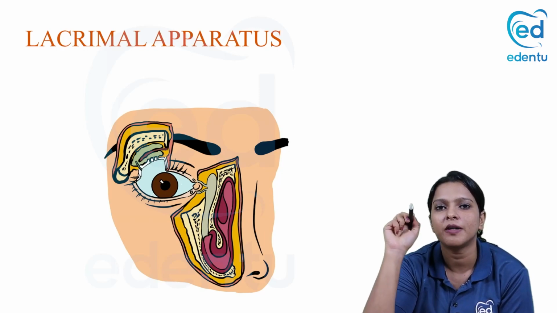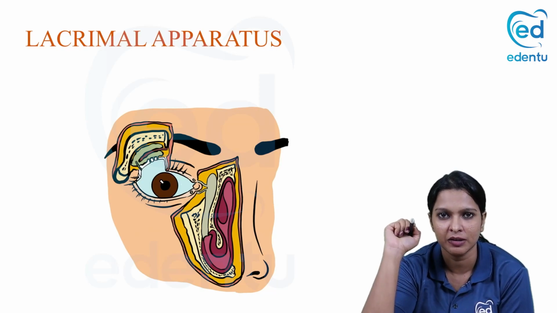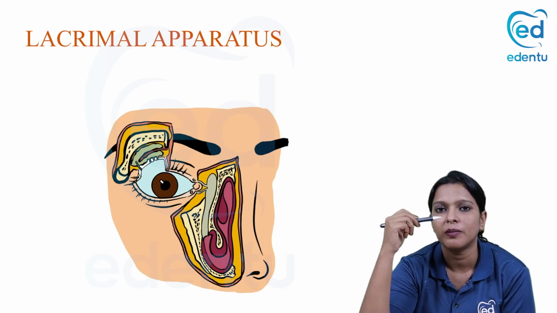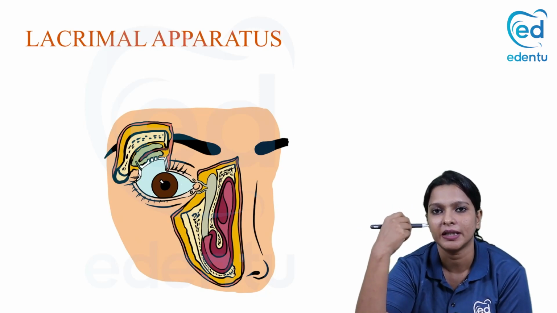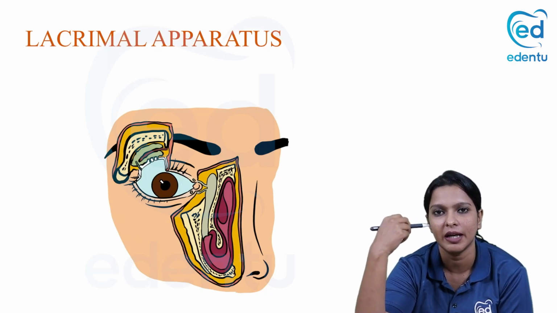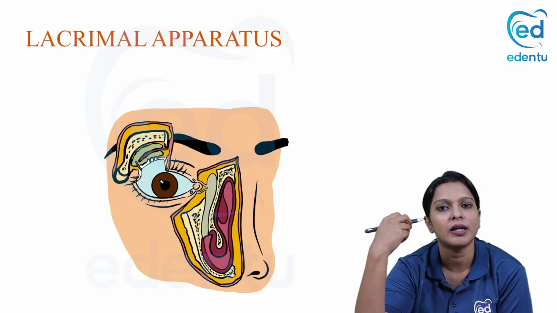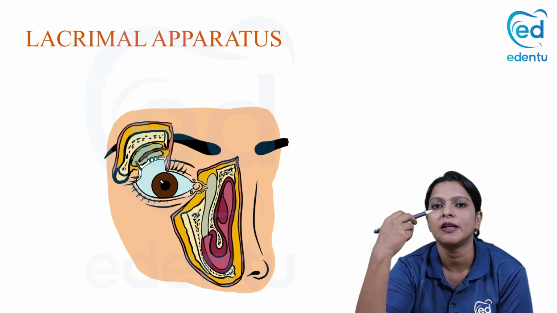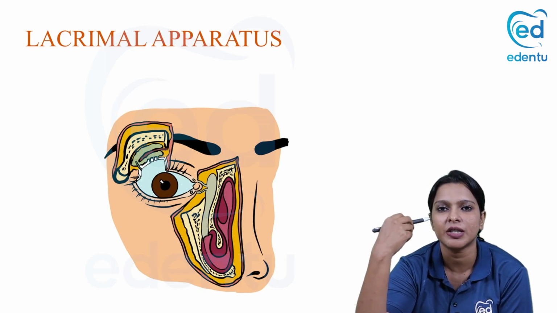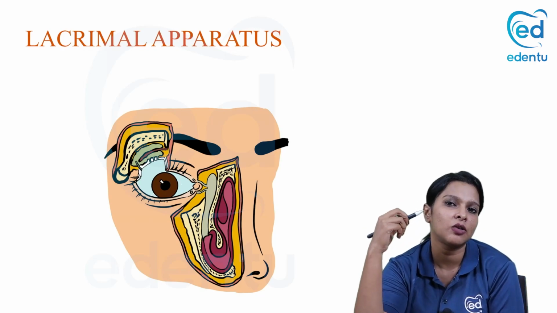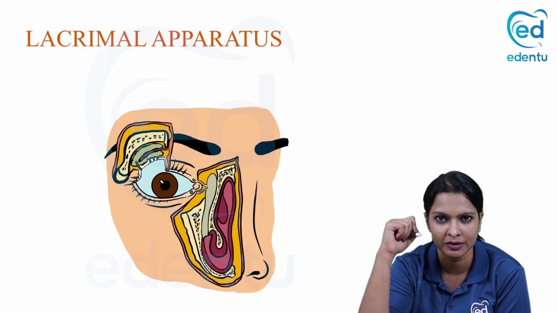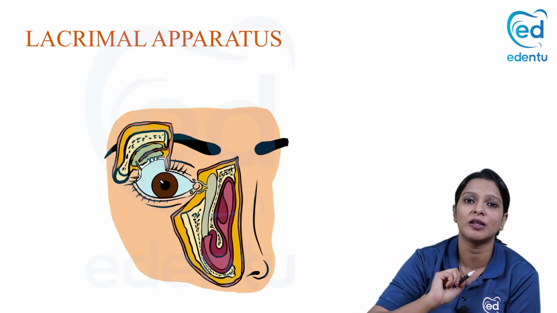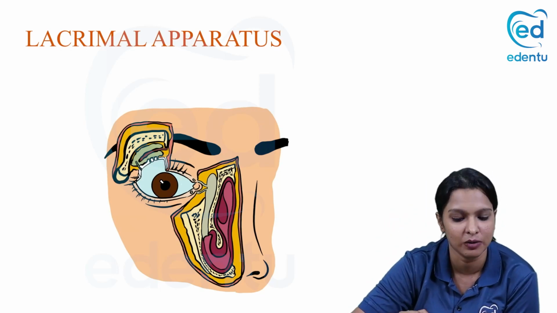So below the inferior concha is a gap called the inferior meatus. Can you tell where this inferior meatus is present? It is present in the nasal cavity close to the lateral wall, below the inferior concha or the inferior shelf. This nasolacrimal duct will open into the inferior meatus. We will see all the parts one by one. This is just an outline.